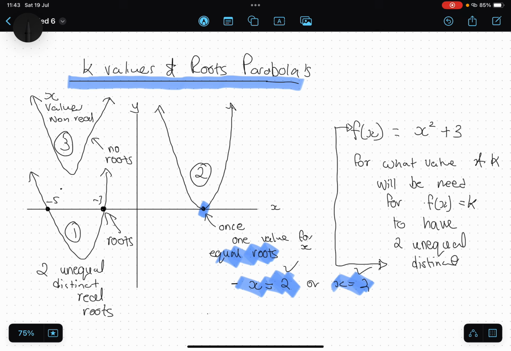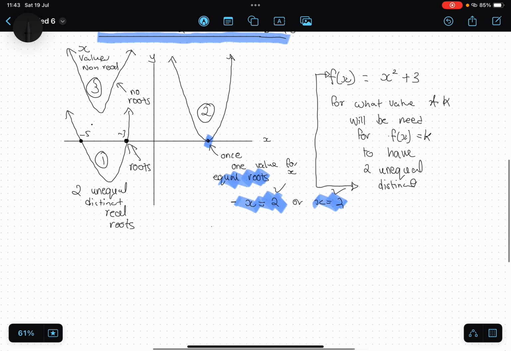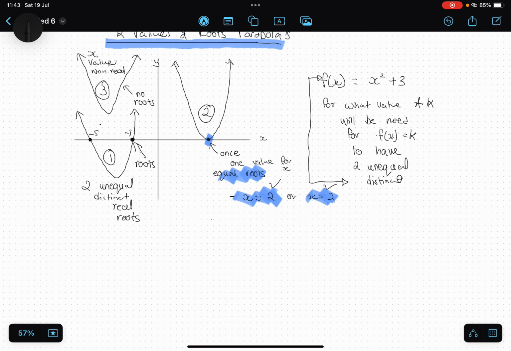So these are the types of shifts we'll need to look at for k in order to get two unequal roots, or one root, or no roots. Now let's connect everything together. Number 1, we need unequal real roots, or values for x.